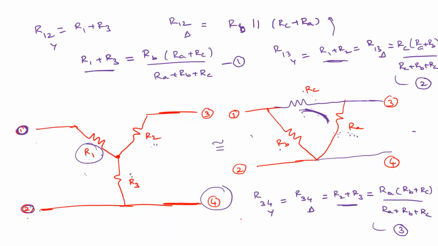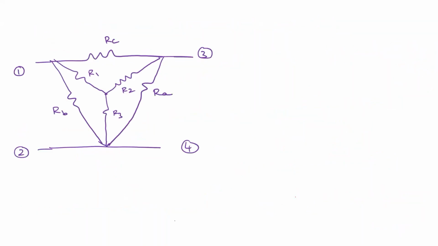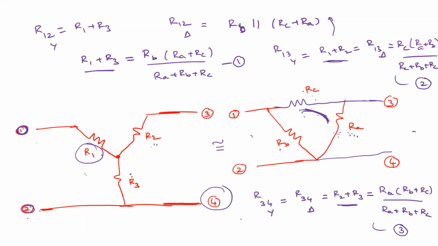For example, if you want R1, you can take 1 plus 2 minus 3, agree? Does it give the R1 value? Yes, sir. Tell me. The rest of the values are given, except R1. 1 plus 2 minus 3.